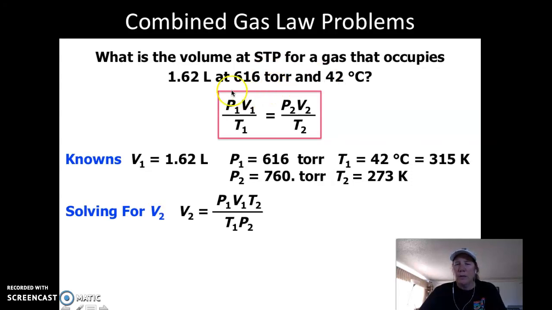P sub 1 is 616, volume 1 is 1.62, T sub 1 is 273, our other temperature is 315, and our second pressure is 760.